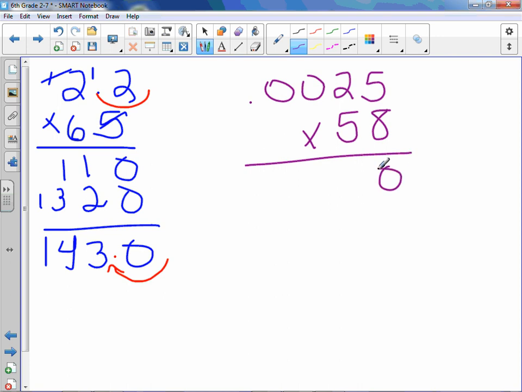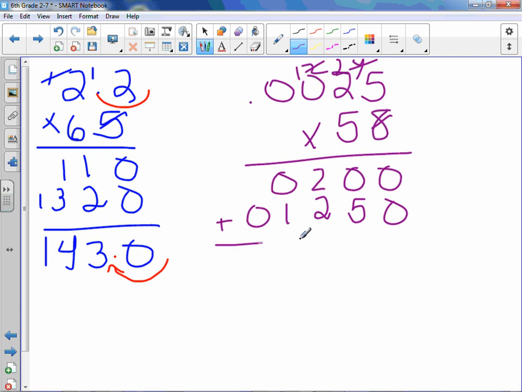8 times 5 is 40. 8 times 2 is 16, plus 4 is 20. 8 times 0 is 0, plus 2 is 2, and 8 times 0 is 0. Cross everything off and add a placeholder. 5 times 5 is 25. 5 times 2 is 10, plus 2 is 12. 5 times 0 is 0, plus 1 is 1, and 5 times 0 is 0.